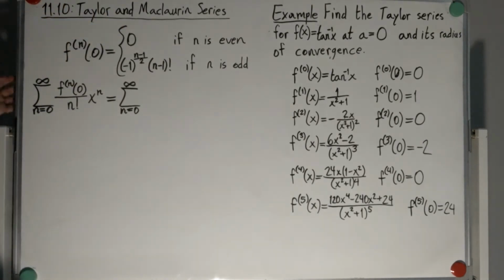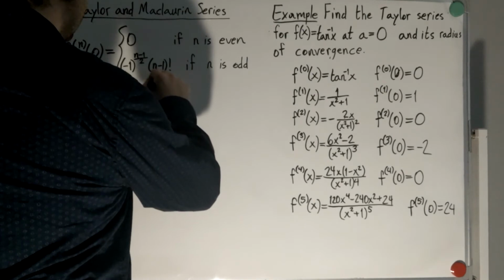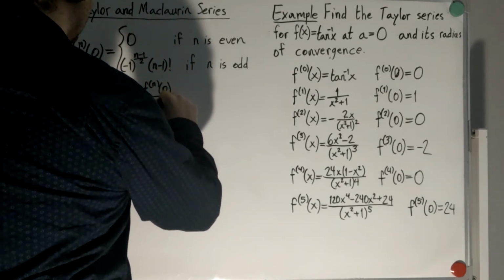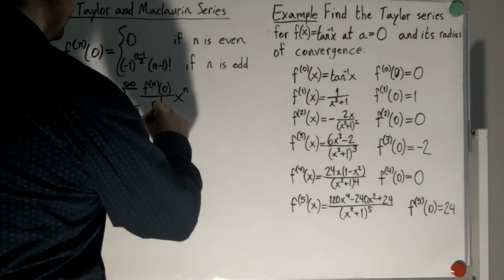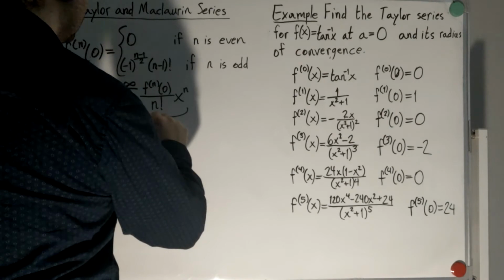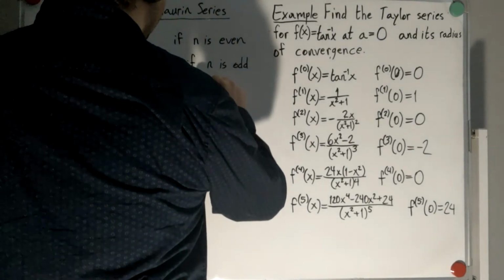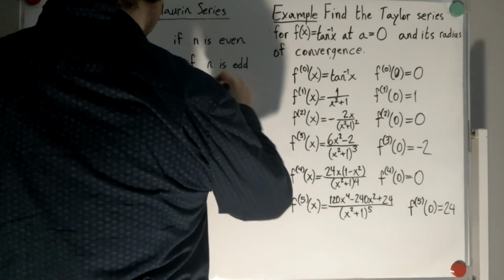Hopefully. So what I'm saying is, I'm going to take the terms with n being even first, then add to that the terms where n is odd.